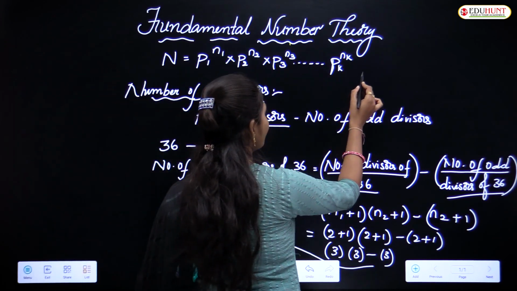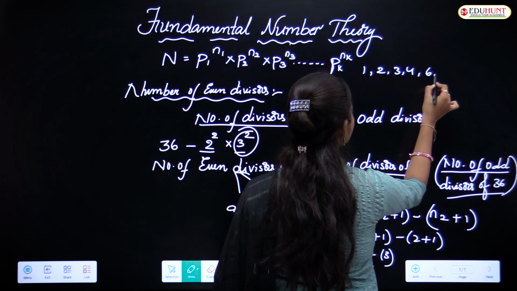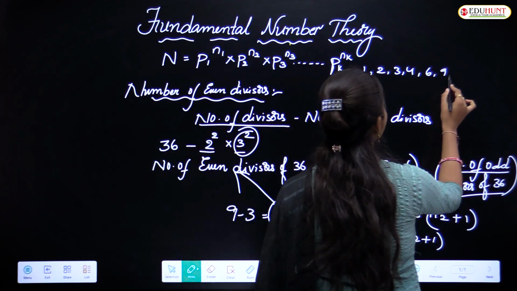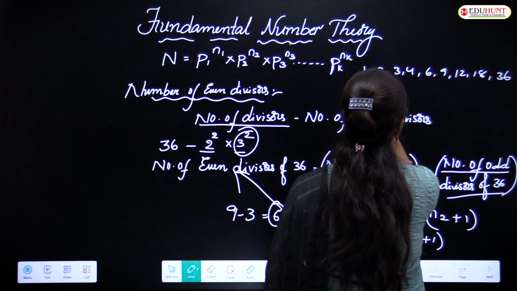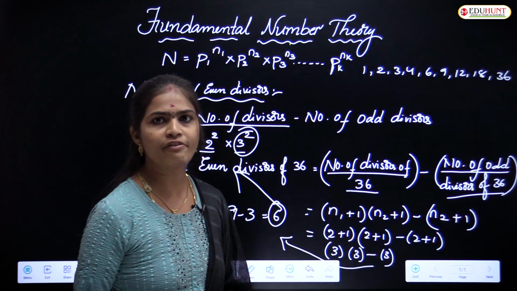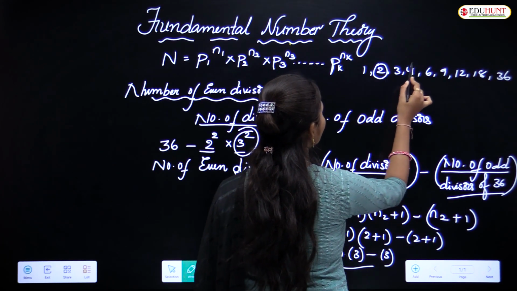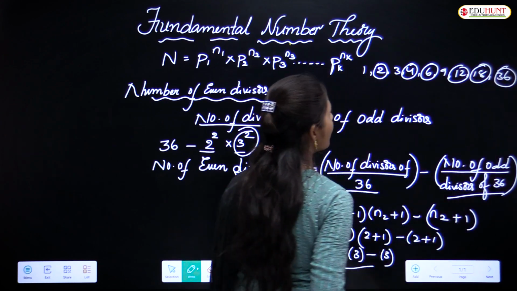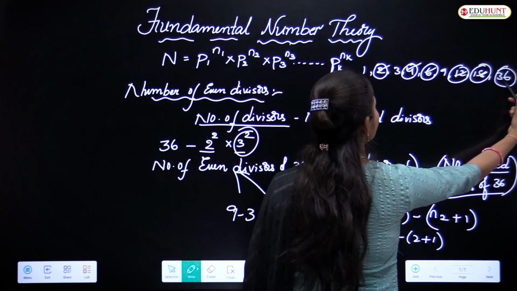Let us see what the factors are: 1, 2, 3, 4, 6, 9, 12, 18, 36. These all are the factors of 36, no? Now the even factors: 2, 4, 6, 12, 18, 36. How many even factors are there here? 1, 2, 3, 4, 5, 6.